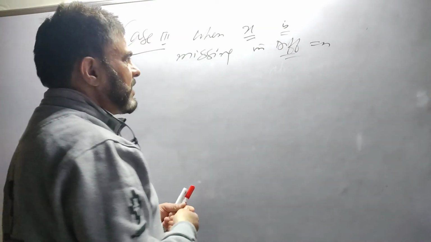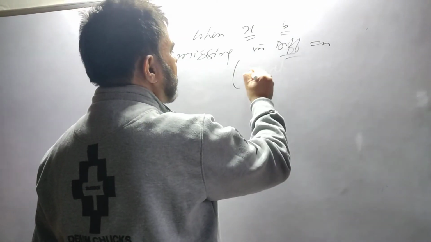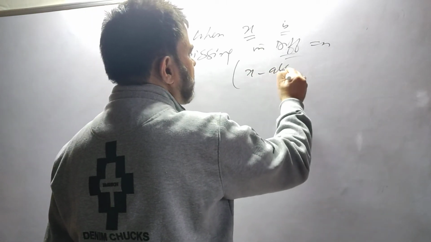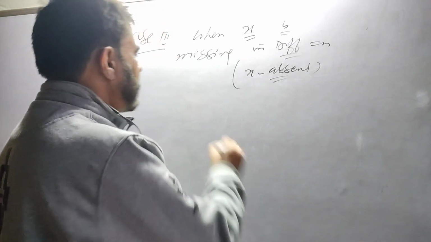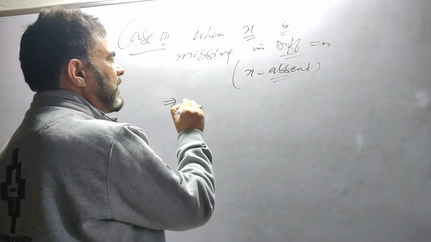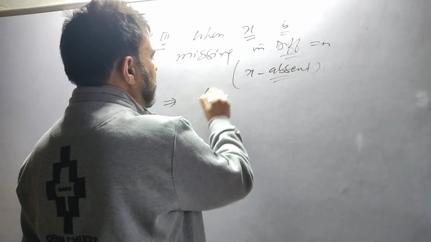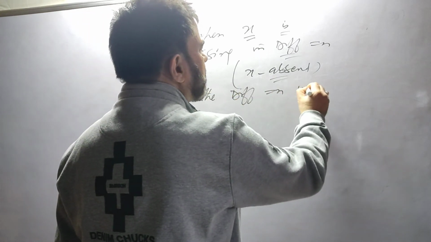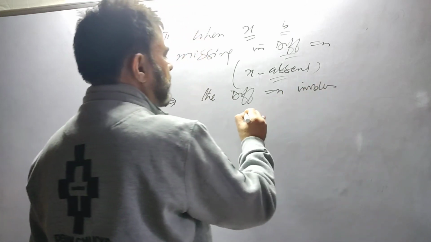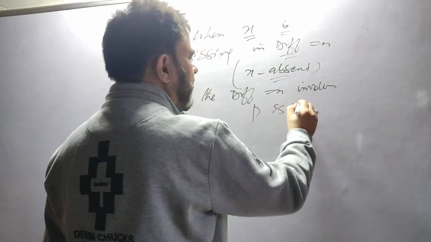We say that this differential equation is such that x is absent. In short, we say in this differential equation x is absent. When x is absent, this means the differential equation involves p and y only.